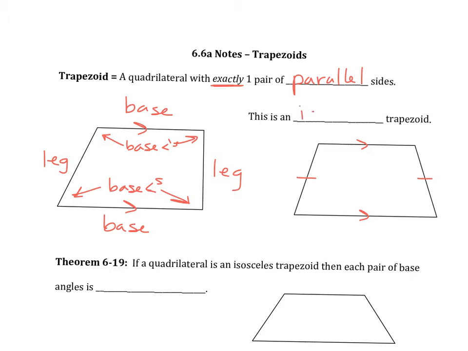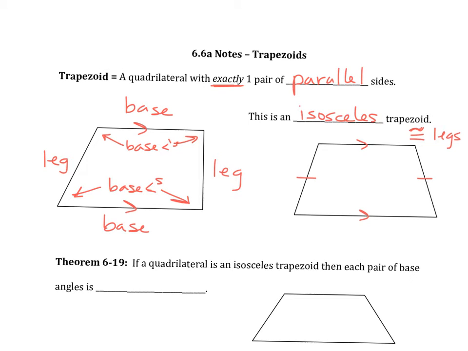So this is called an isosceles trapezoid. Okay, and an isosceles trapezoid is going to have congruent legs. And just keep in mind your legs cannot be your bases. So you'll have parallel sides, and then the other two sides are the ones that are congruent. Okay?